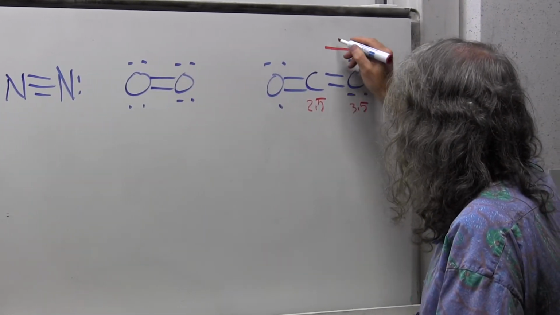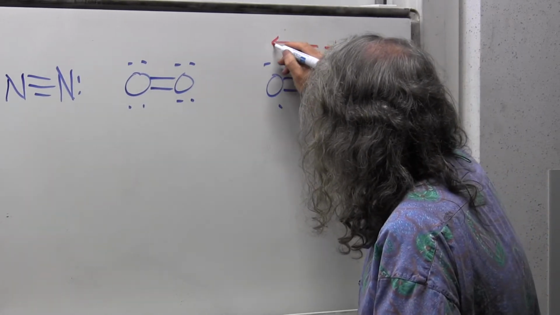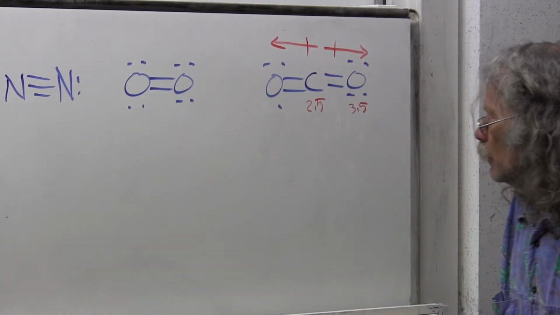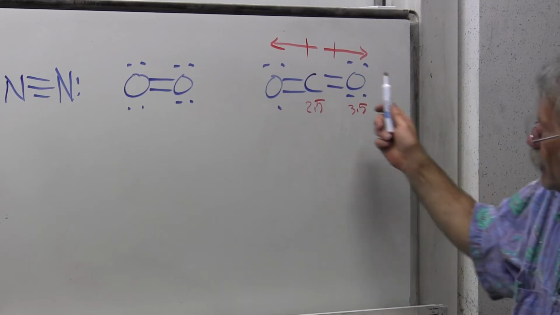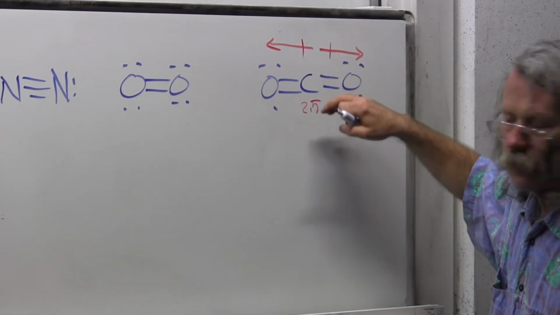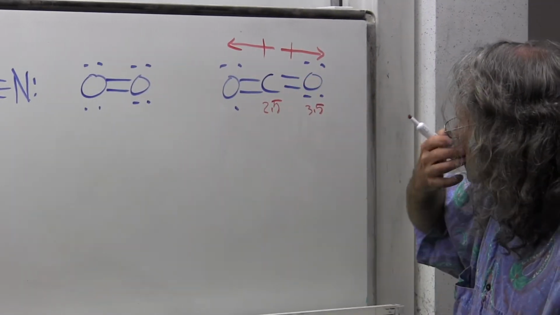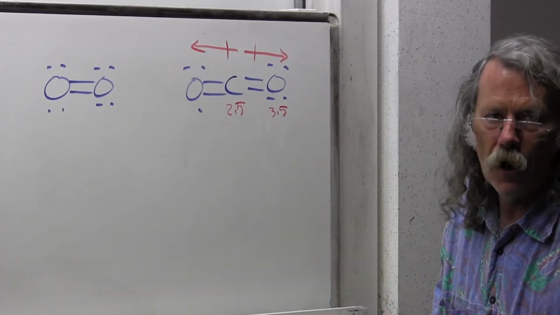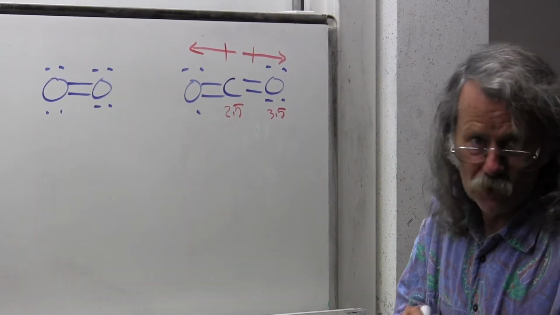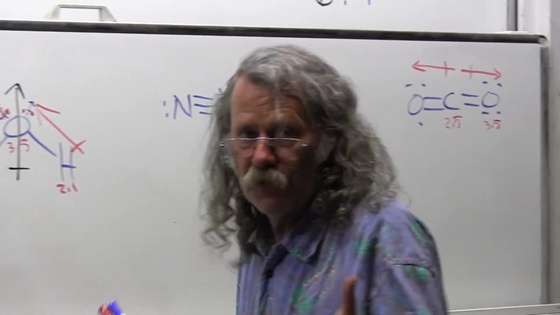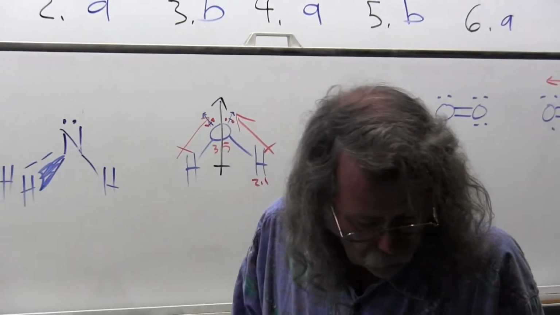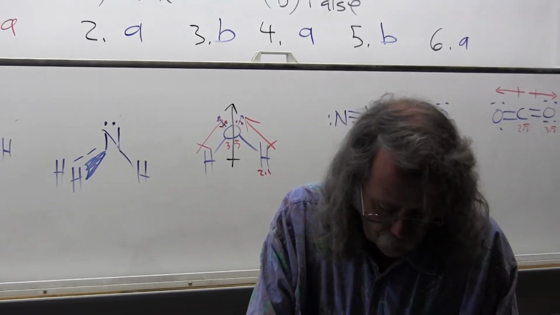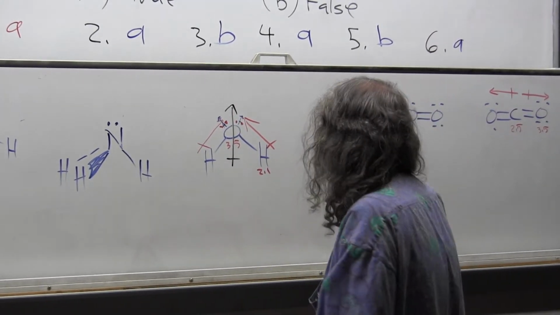So I have a dipole pointing this way and a dipole pointing that way. These dipoles add vectorially, and the molecular geometry is such that these dipoles cancel each other out. And this is a non-polar molecule, and it is observed to be that way. So that means that statement 10 is false.